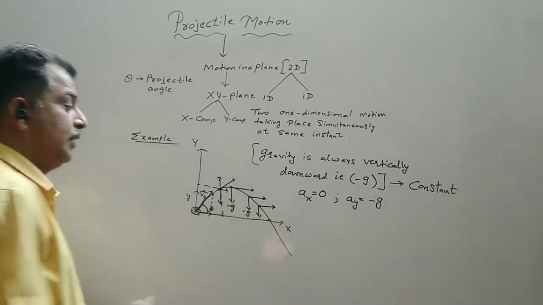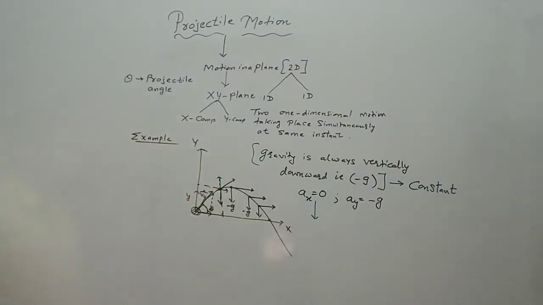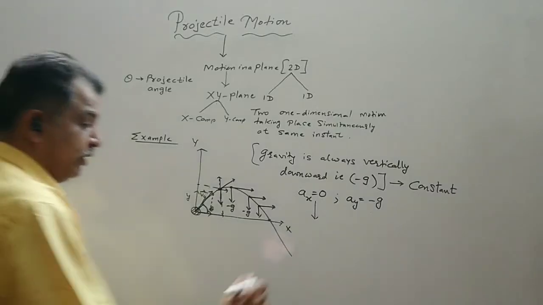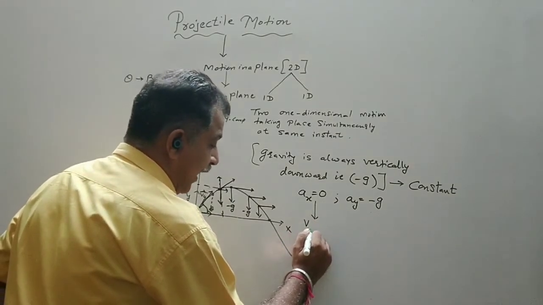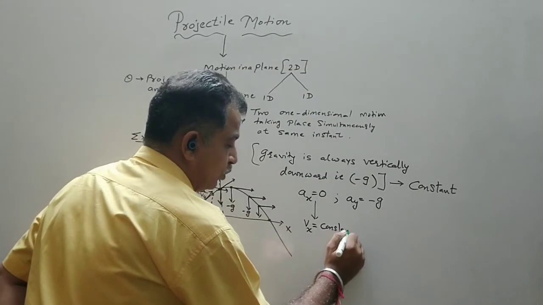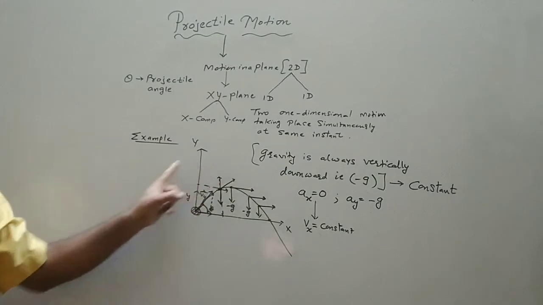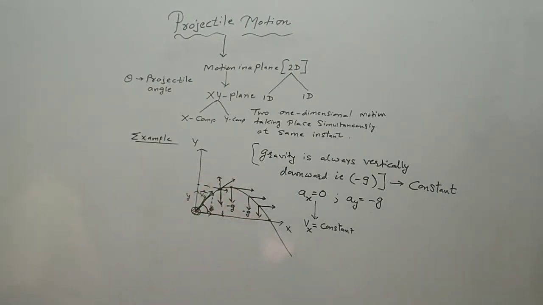Now since there is no acceleration along the x-axis, the velocity will be constant. So the horizontal velocity at any point on this parabolic path will remain constant.